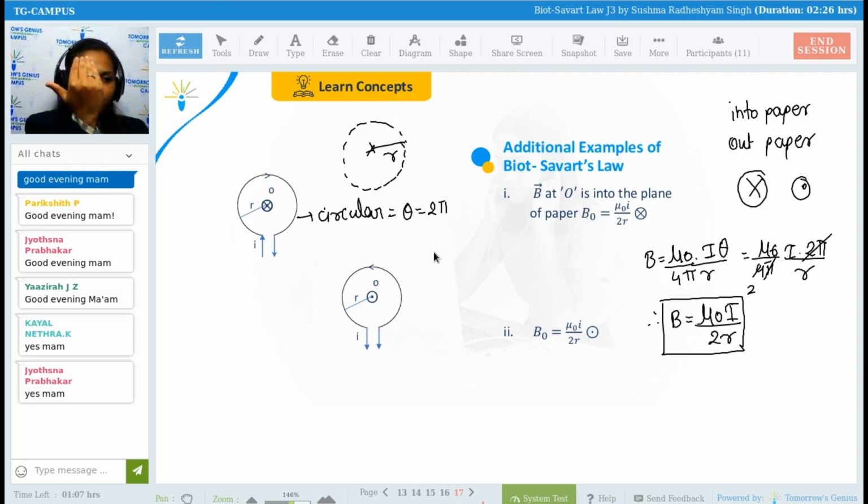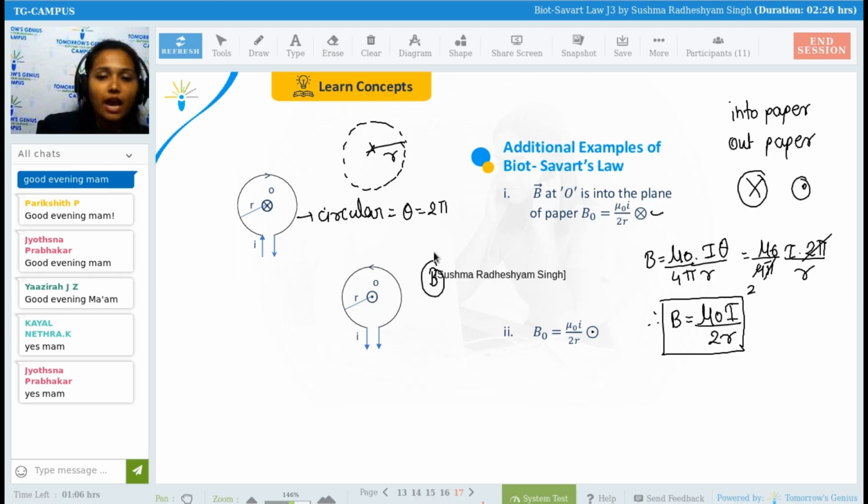If I show this is my left and this is my right side, what you are seeing is the left side. Am I right? For that concern, if the direction is this, it is going out of the paper, and if the direction is this, it is going into the paper. So for the first one, the diagram indicates it is into the paper, and the second one indicates out of the paper. On the basis of the diagram, you are able to say the direction of the magnetic field, and with the help of this formula, you can find the magnitude of the magnetic field. Clear? Okay. Now we move further.